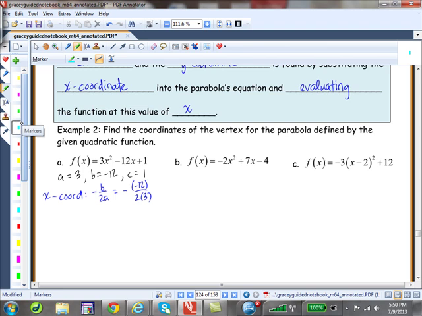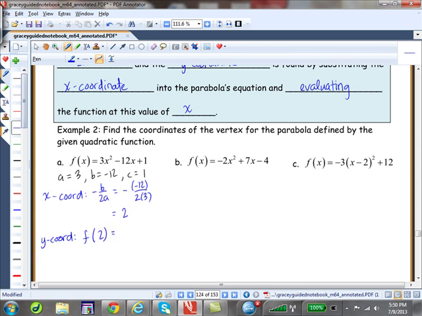We'll just leave it like that. So then when we simplify, we'll get a positive 2. Minus a minus is positive, and then 12 divided by 6 is 2. So then here, the y-coordinate is going to be the function evaluated at whatever you found.